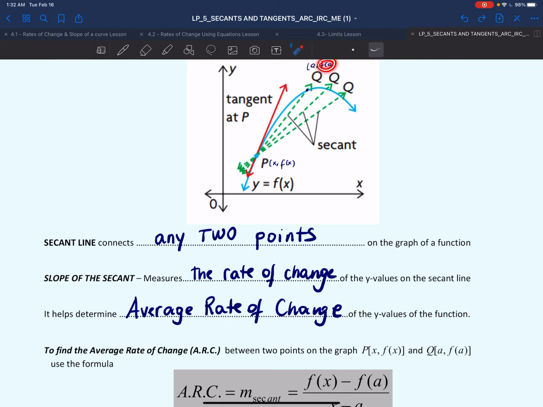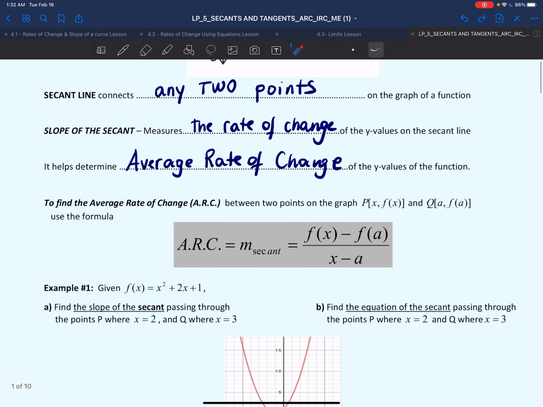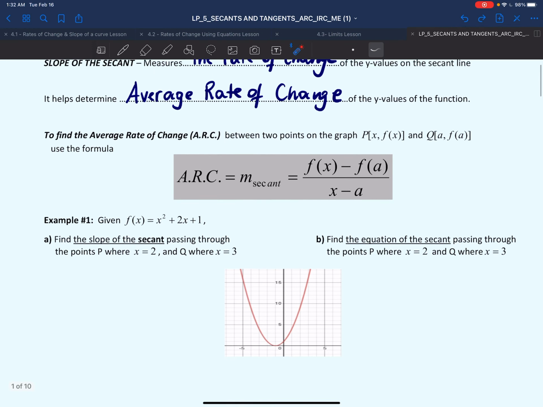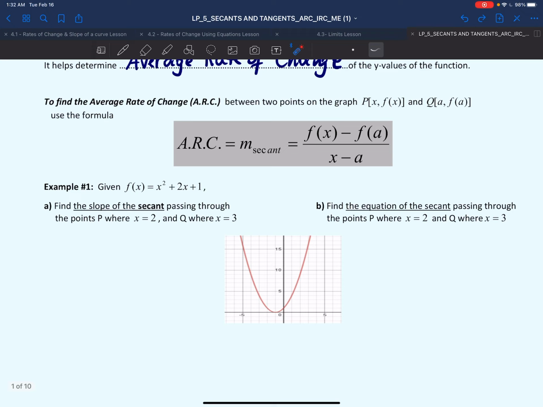So delta y over delta x, or in other words, f of x minus f of a divided by x minus a. So let's take a look at an example where we can find the slope of the secant.